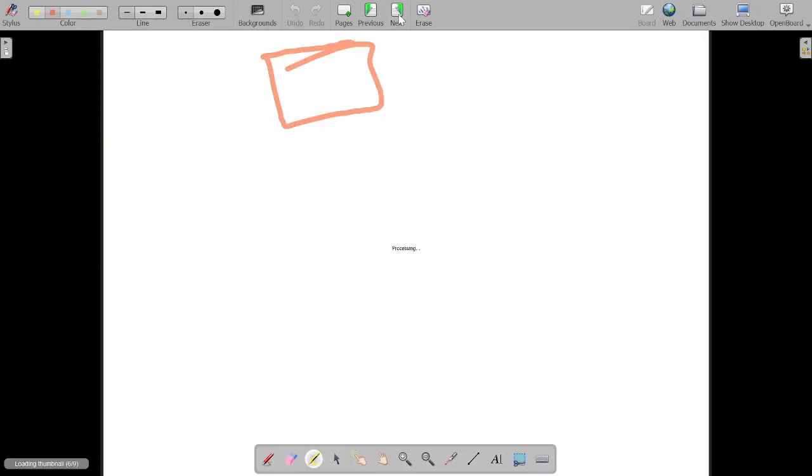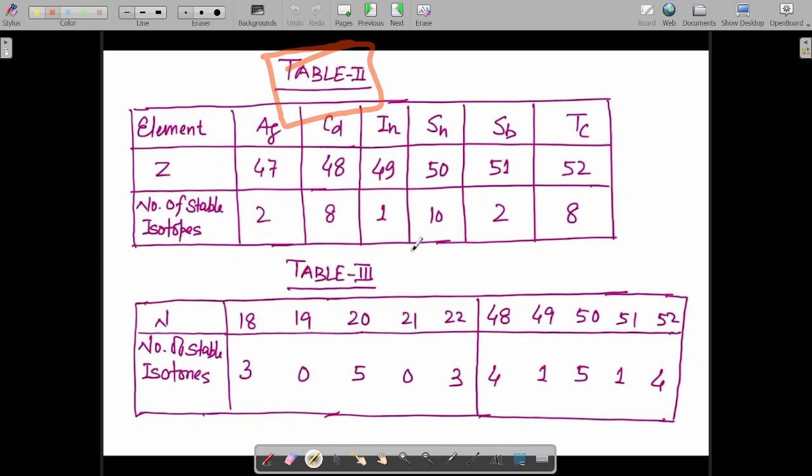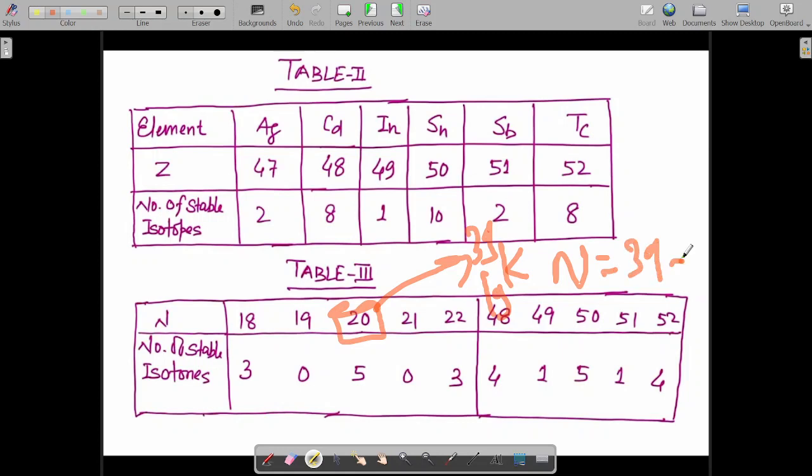Now if we talk about the neutron number being the magic number, then what will happen? Then we will have the most number of stable isotones. For example, potassium 19,39. What is the total number of neutrons in this case? 39 minus 19 is equal to 20, which is a magic number.